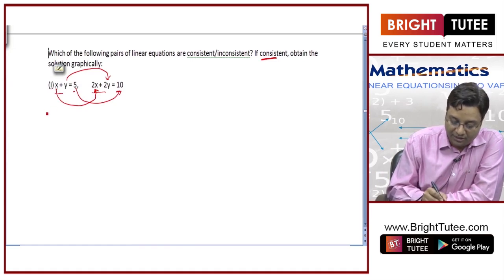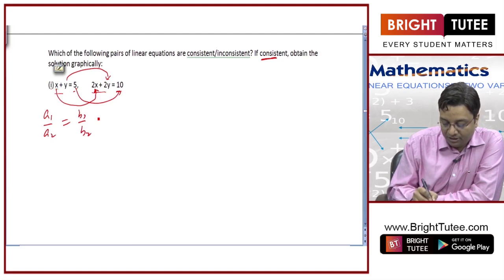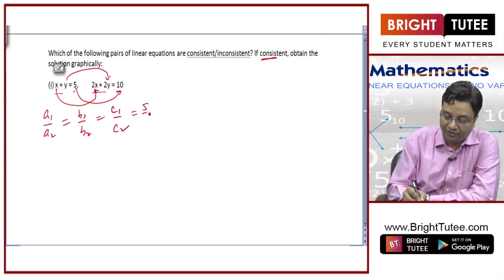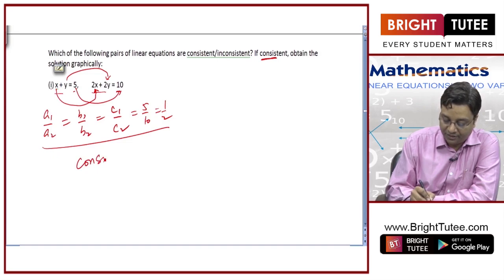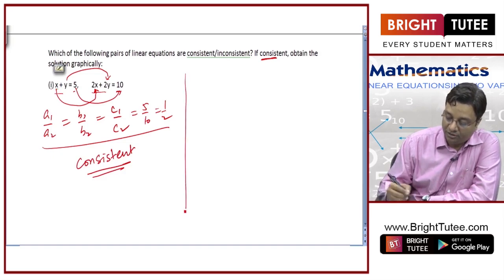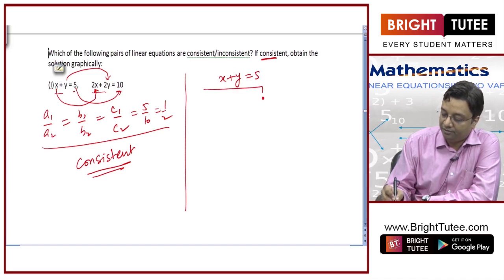So we know that the ratio a1 by a2 equal to b1 by b2 is equal to c1 by c2, and it is equal to 5 by 10 or 1 by 2, right. So we can say this is a consistent pair of linear equations, and to draw its graph, x plus y equal to 5, we will make a table here.